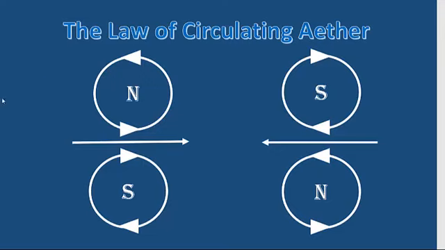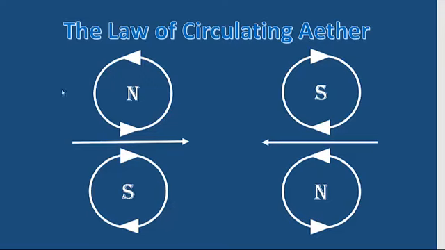graphic that I'm calling the law of circulating ether. It's really the law of circulating fluid, but this is an ether model, so I want to talk about the ether in regards to this model.